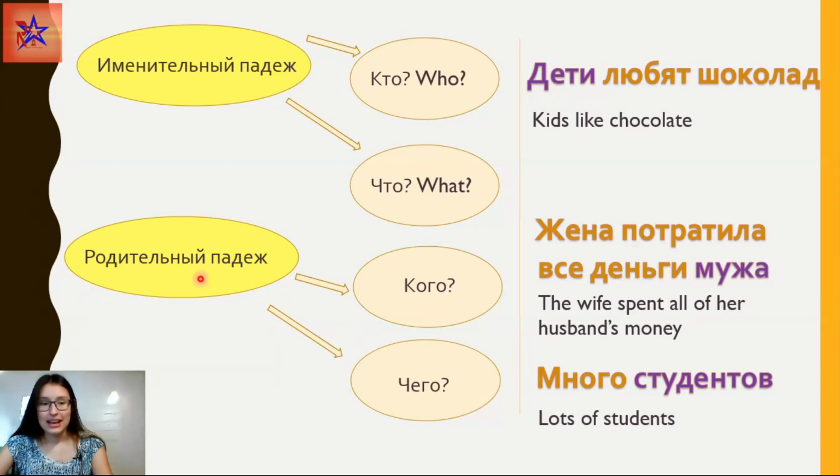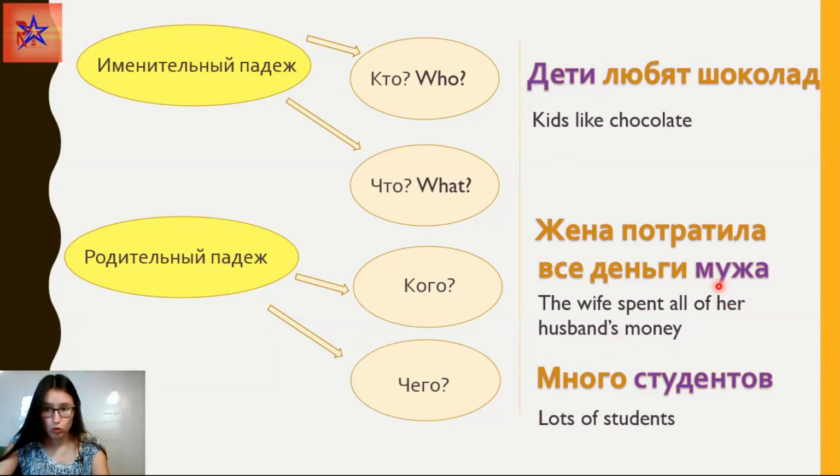Родительный падеж. Its main meaning is a possession. So it indicates a possession. First of all, it answers such questions like кого, чего. Жена потратила все деньги мужа. The wife spent all of her husband's money. Husband's money.